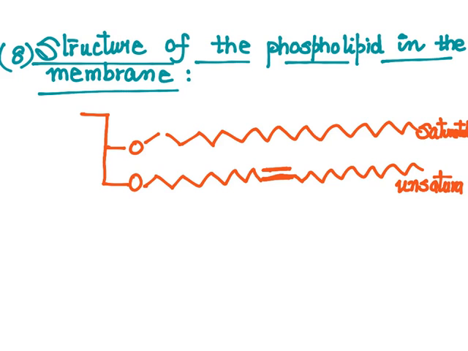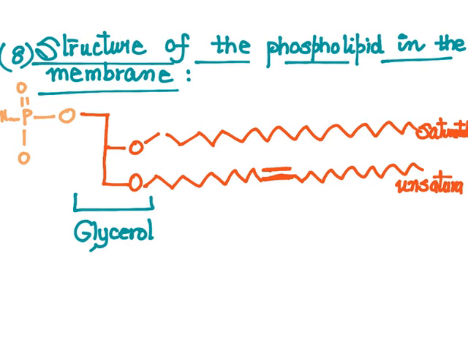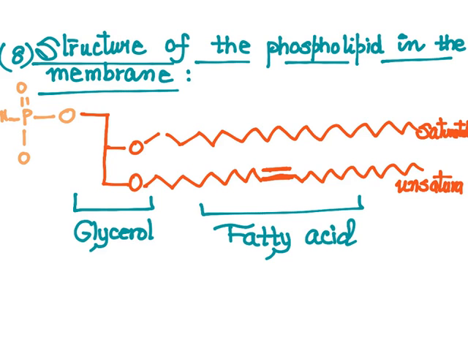All right, now along with that, we are going to show the phosphate group here, which is going to be attached along with the glycerol molecule. So here is basically your glycerol. These are your two fatty acid chains. One unsaturated and the other is saturated.